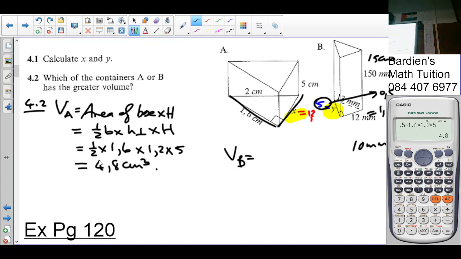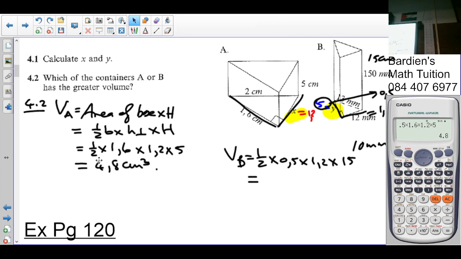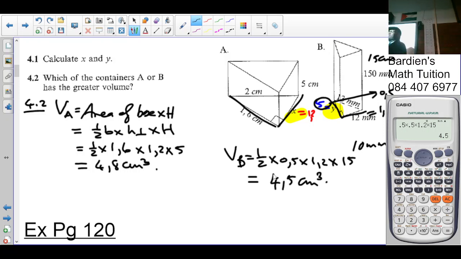So the area of the base is half times base 0.5 times perpendicular height 1.2, times the depth of the object, which is 15. 0.5 is half, times 15. That gives us 4.5 centimeters cubed. Not so?